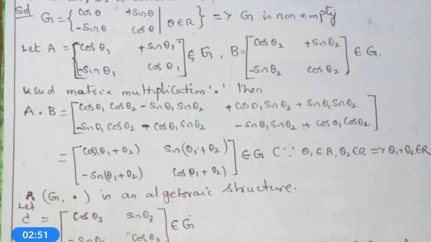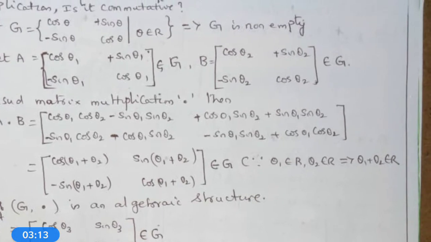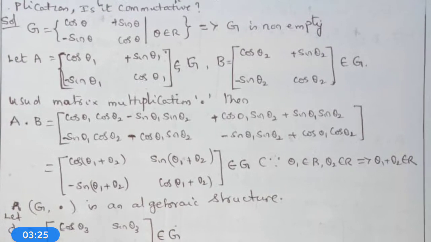Now A dot B is equal to cos theta 1 cos theta 2 minus sin theta 1 sin theta 2, first row second element cos theta 1 sin theta 2 plus sin theta 1 cos theta 2, second row first element minus sin theta 1 cos theta 2 minus cos theta 1 sin theta 2, and second row second element minus sin theta 1 sin theta 2 plus cos theta 1 cos theta 2.